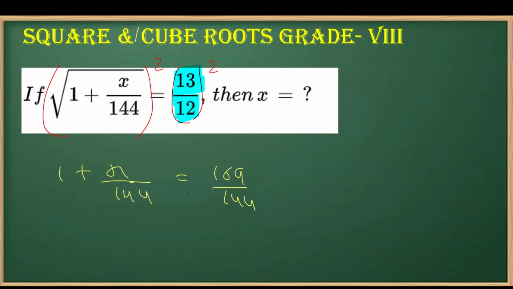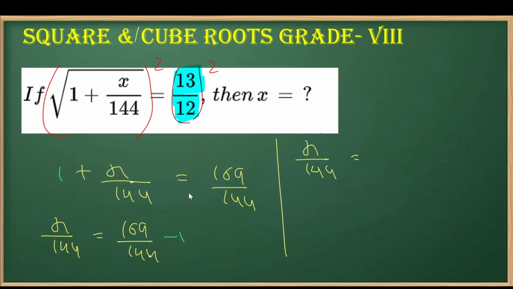Now first thing we are going to do is to transpose this 1 to the right hand side. So keeping x over 144 on the left hand side, this is 169 over 144 minus 1. I'm transposing 1 to the right hand side. Now what next? Left hand side will continue to be the same. On the right hand side we'll take LCM. This is 144.